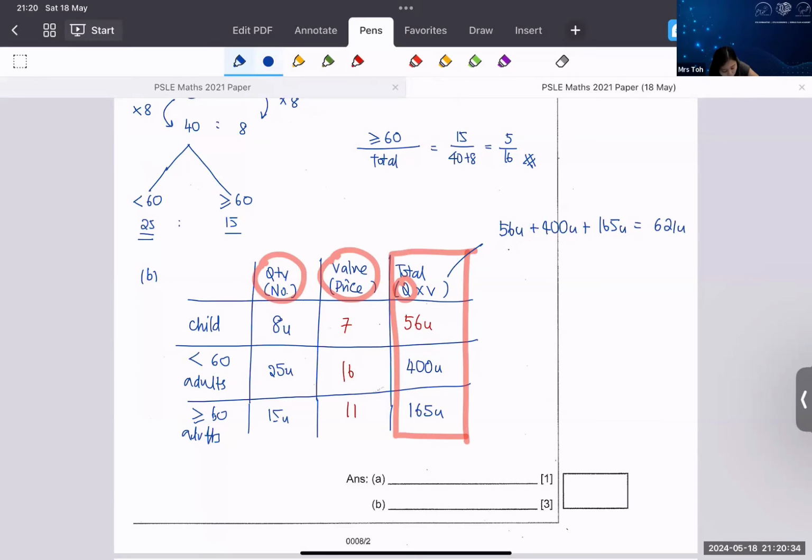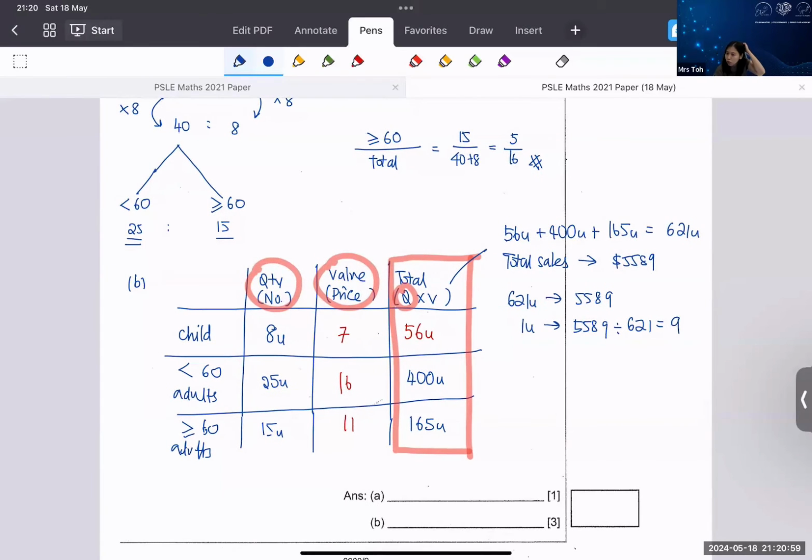Because this is representing the total sales, and we know total sales is 5,589, we know that 621 units stands for this amount of money received from selling. So you can find 1 unit: 5,589 divided by 621. That will give us 9.